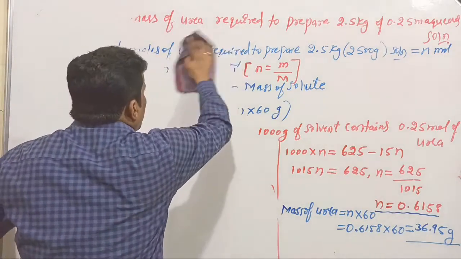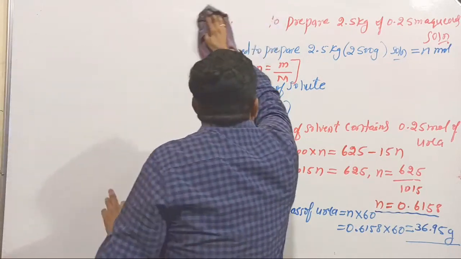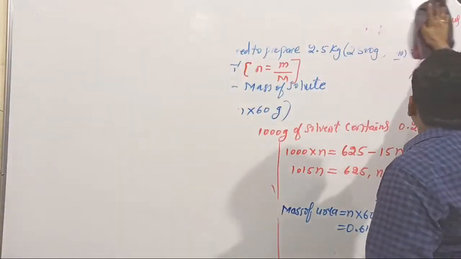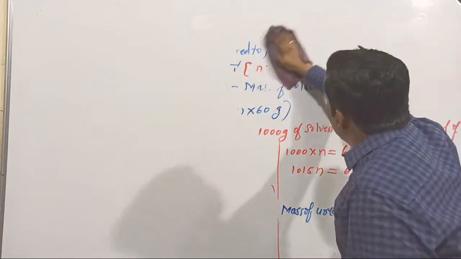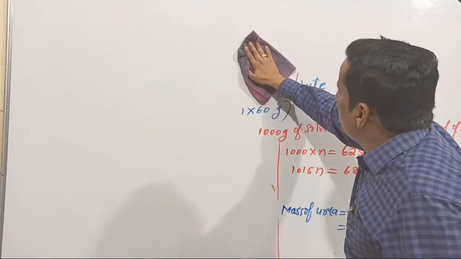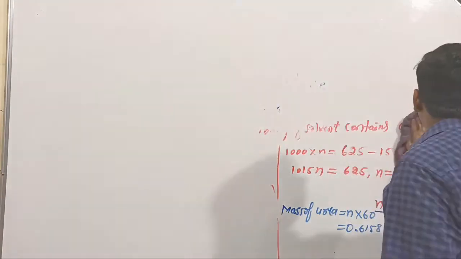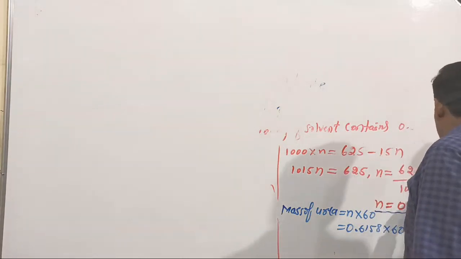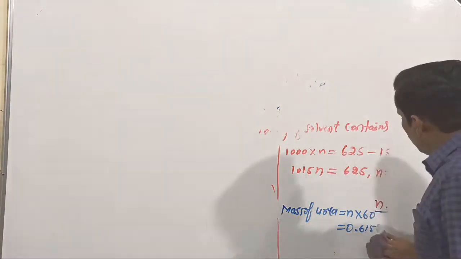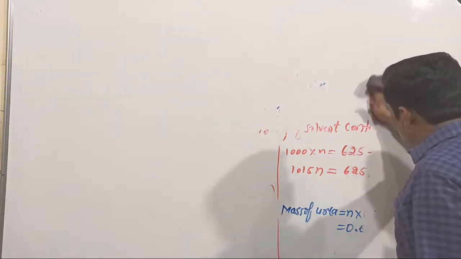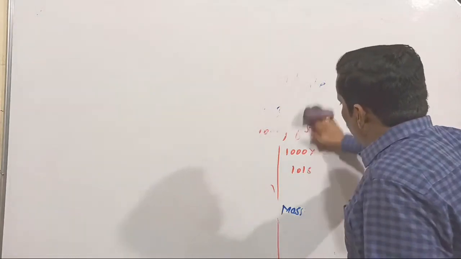Regarding molarity, one student asked a question in WhatsApp yesterday: Sir, why is molarity independent of the temperature? Because you see the expression of molarity, in both the numerator as well as the denominator we have mass only.